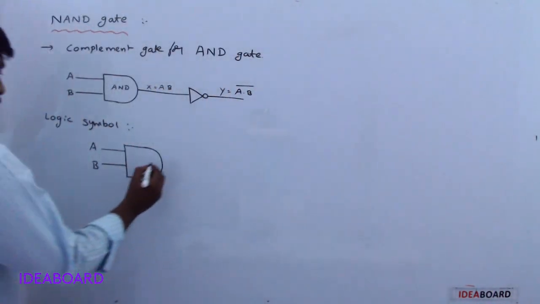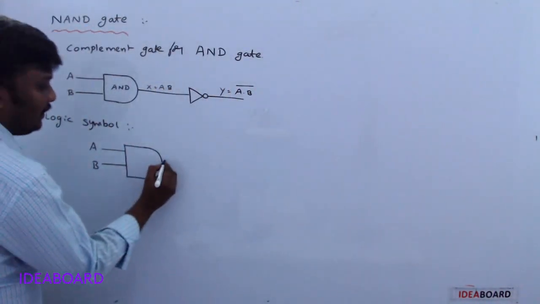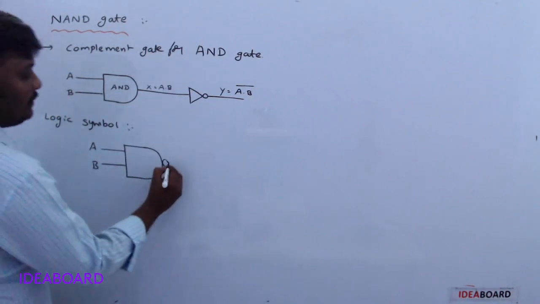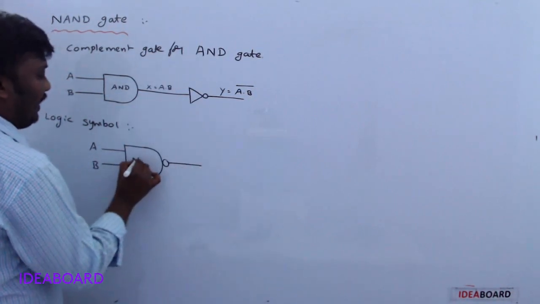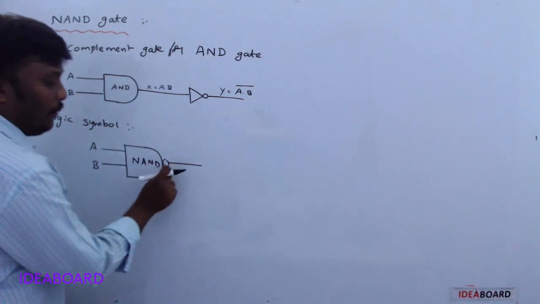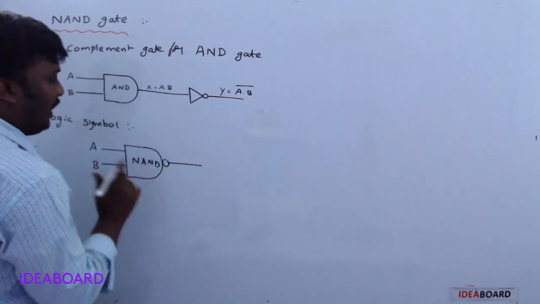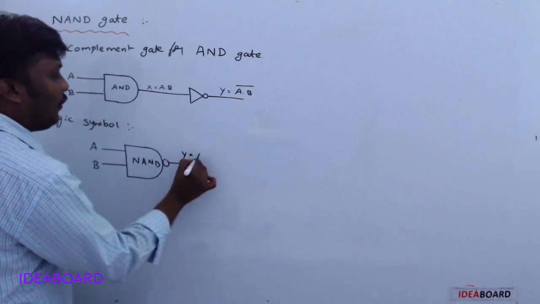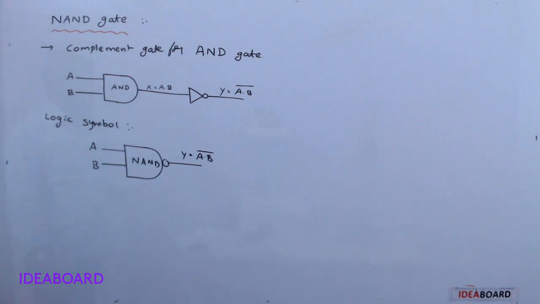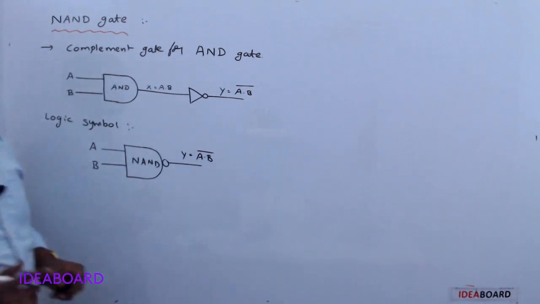So it is one AND gate. Here just draw one small bubble, then you get the NAND gate. So the NAND gate output is A dot B complement. Clear? So this is the logic symbol for the NAND gate.